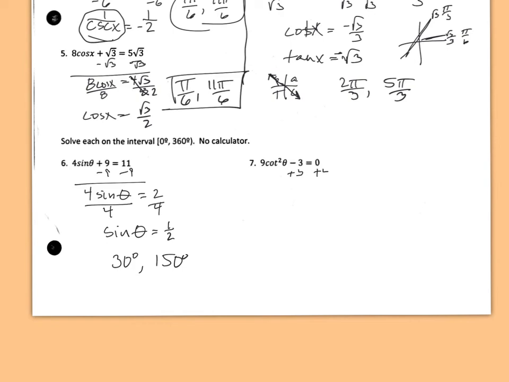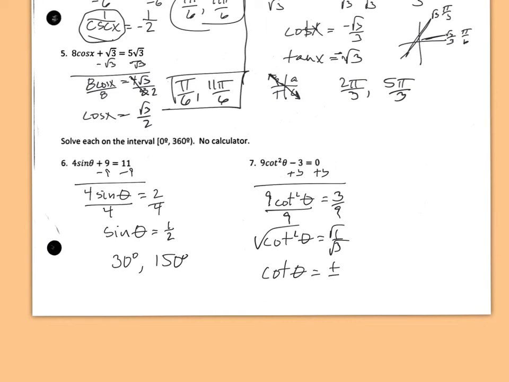And then for this last one, if you add the 3, of course, you get 3, and then we'll divide by 9. So the cotangent squared of theta is equal to 1/3. And when you take the square root, I'm going to also rationalize this at the same time. So the cotangent of theta is equal to plus or minus, maybe I shouldn't have rationalized it, forgot it was cotangent.